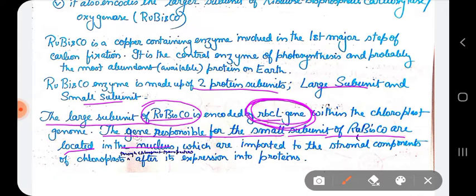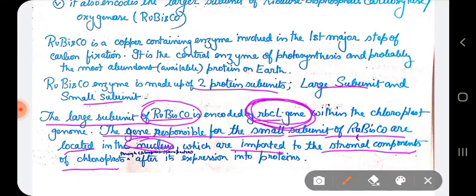Whereas the gene responsible for the small subunit is located within the nucleus. Now the protein will be further imported to the stromal components of the chloroplast through the chloroplast transporter proteins after its expression.